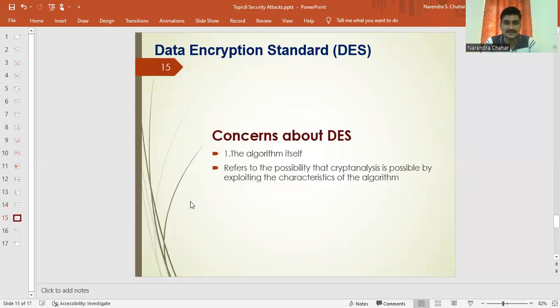Now, what are the concerns? This algorithm itself refers to the possibility that cryptanalysis is possible by exploiting the characteristics of the algorithm. Just like there are some limited mathematical functions which are used in the DES. So how long will it be able to hold?